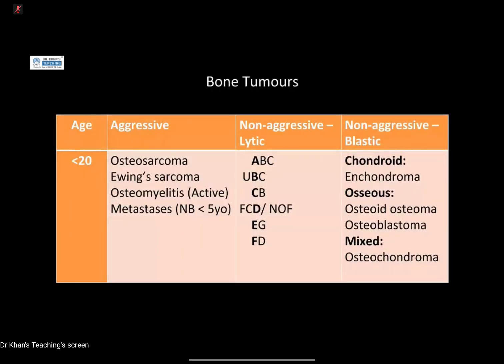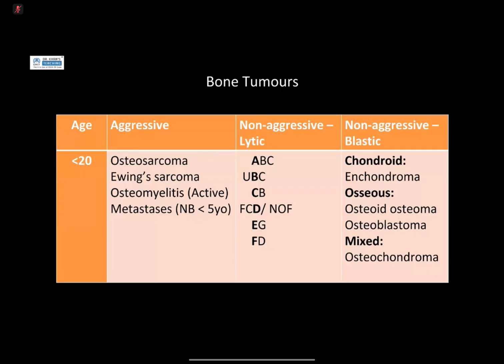So nice summary here of some of the conditions that we will be looking at today. So it's a nice table, and I have to specifically say thank you to Sam, who has actually written the majority of these slides today. This is a lovely table here. So nice age discriminating factor, so under the age of 20, aggressive lesions.